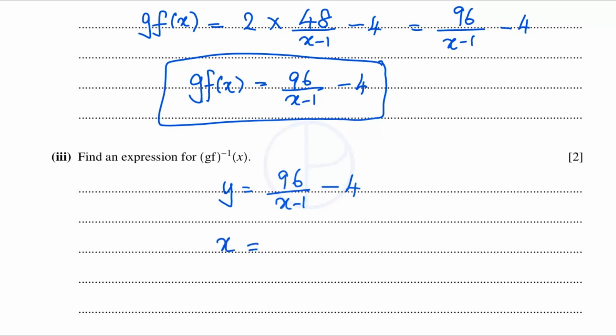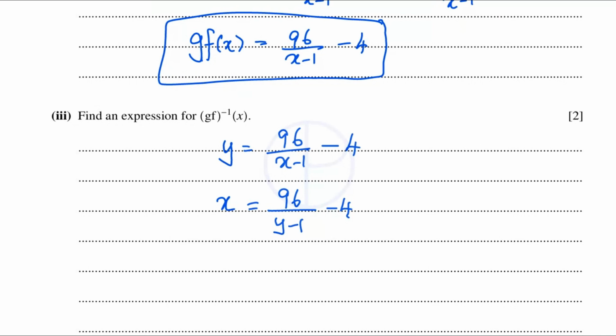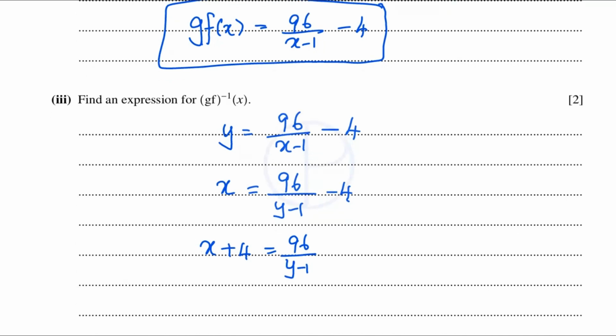We get x equal to 96 divided by y minus 1, minus 4. Now make y the subject. For that, we will add 4 on both sides, which gives x plus 4 is equal to 96 divided by y minus 1.